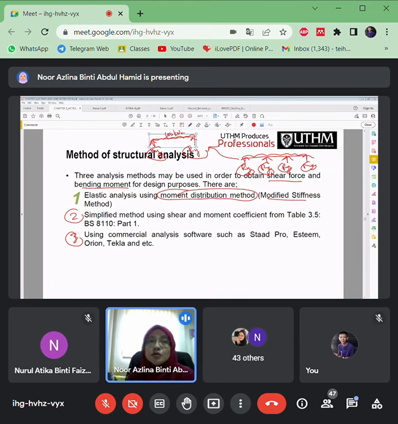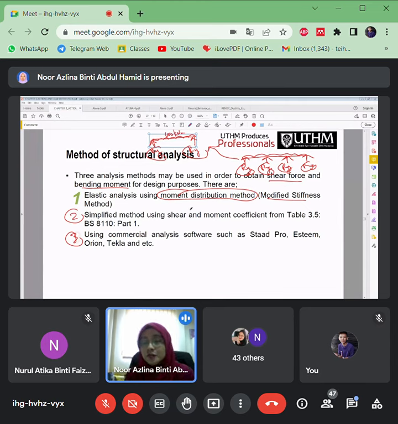Okay, it should be at least 5 repetitions or more than it. Okay, so the columns according to the supports, the tables and so on. Okay, so dah ingat-ingat semula kan. Okay, so then we have a second method here.